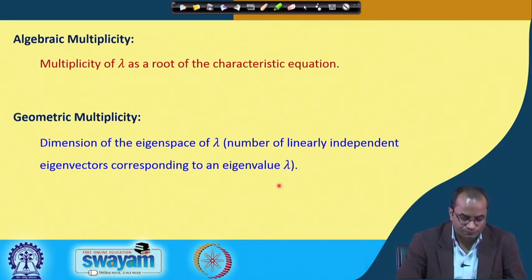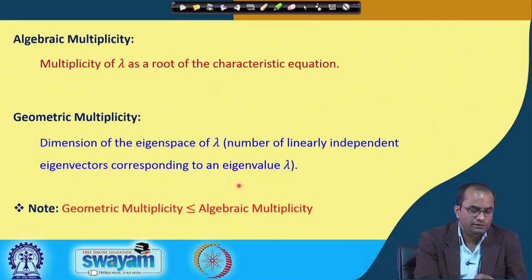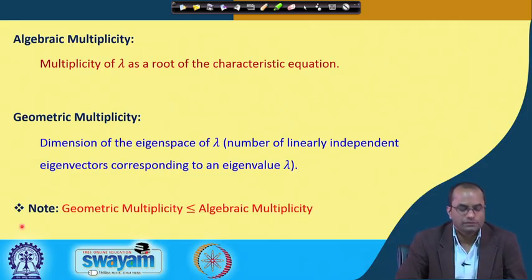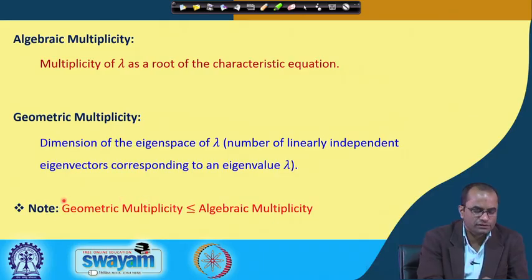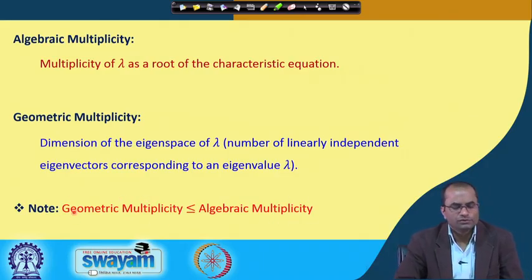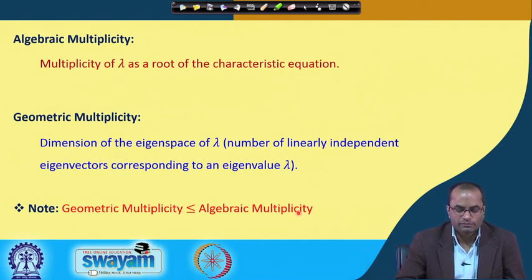So, with these two classifications we will move further, but before that there is a note here that the geometric multiplicity is always less than or equal to the algebraic multiplicity. That is an important result which one can formally prove, but it requires a little more knowledge of diagonalization, etc. So, we will not prove this result now, but we will keep in mind that the geometric multiplicity is always less than or equal to the algebraic multiplicity.